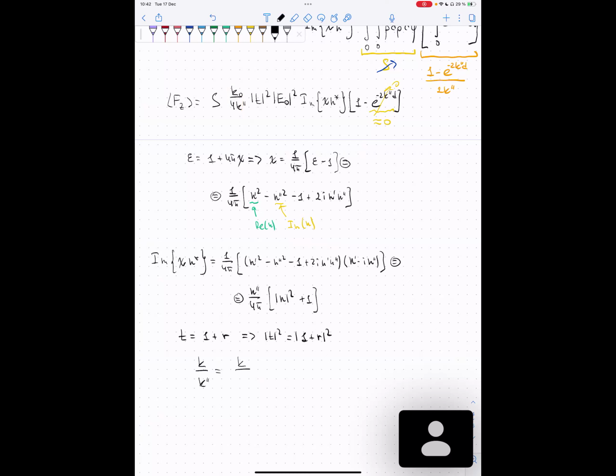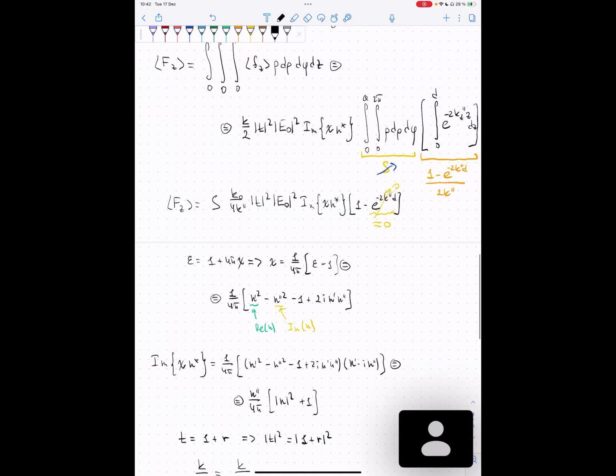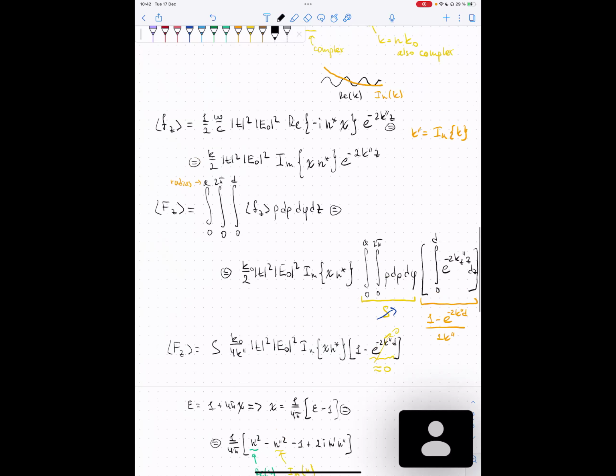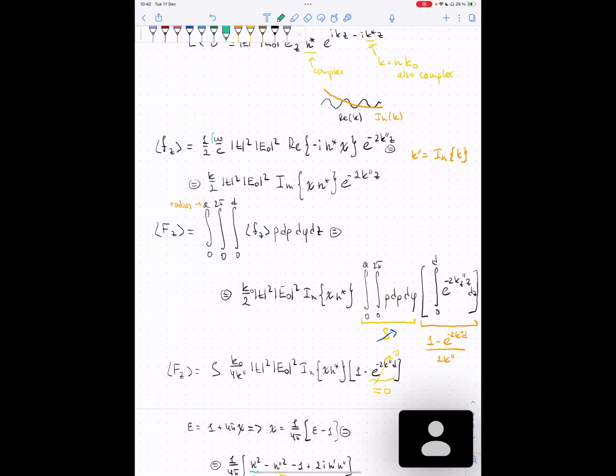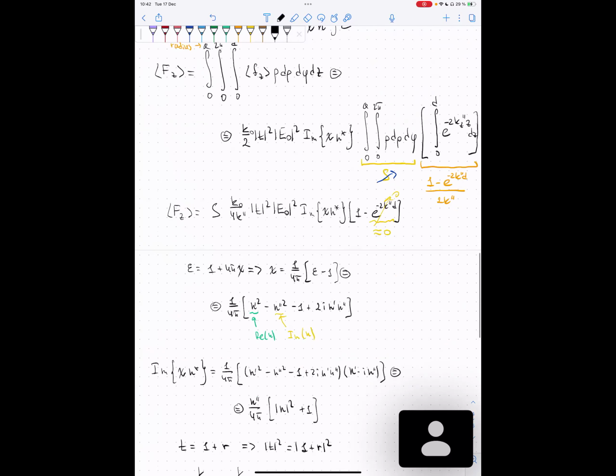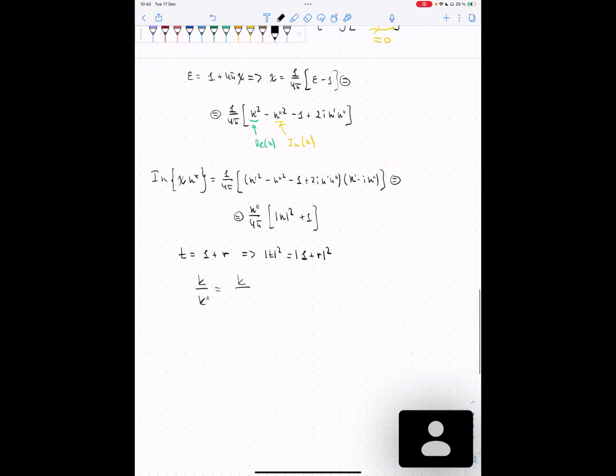It's K0 here, and here it's also K0, because it's omega divided by c. So it's K0 divided by K double prime, which equals K0 divided by n double prime K0. So it's just 1 divided by n double prime.